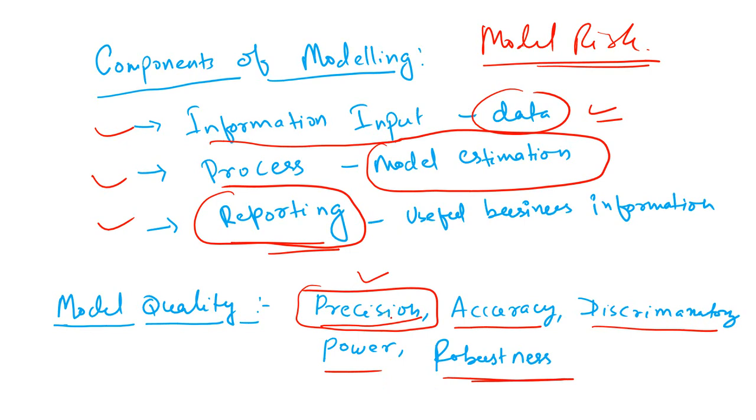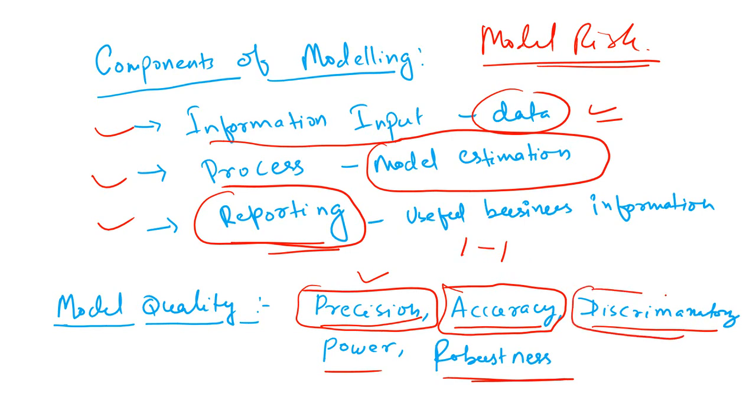It has to be accurate enough. Accuracy is mostly about finding out, whether it's regression or classification, whether it's correctly classified or not.